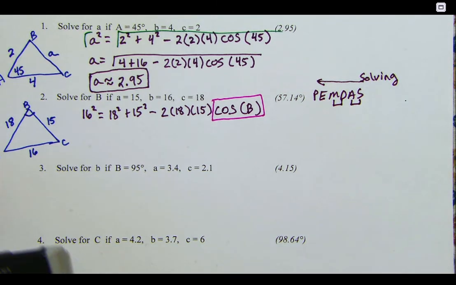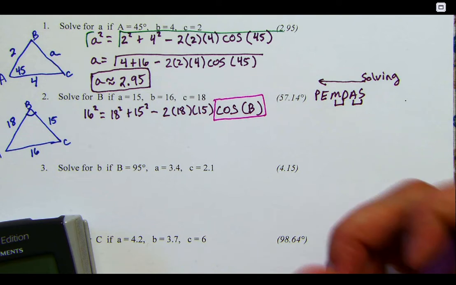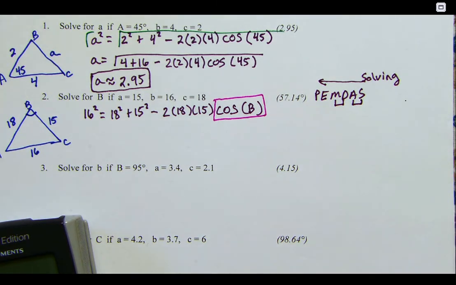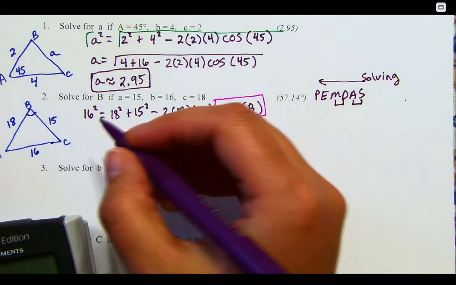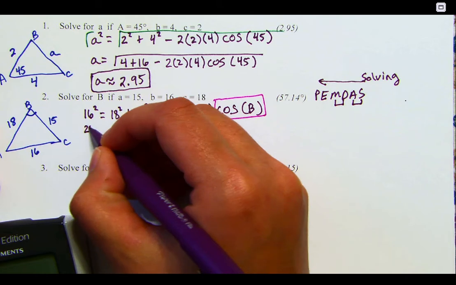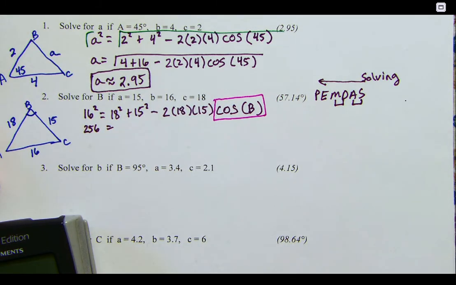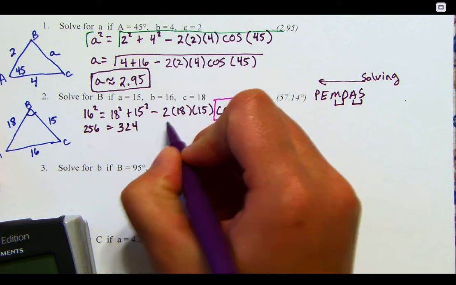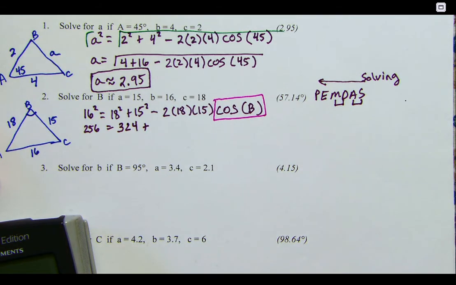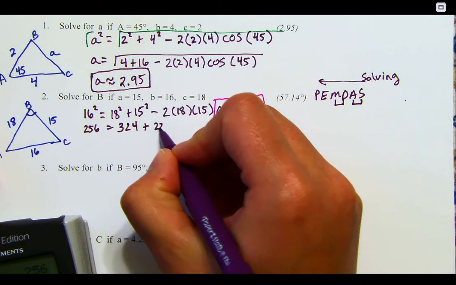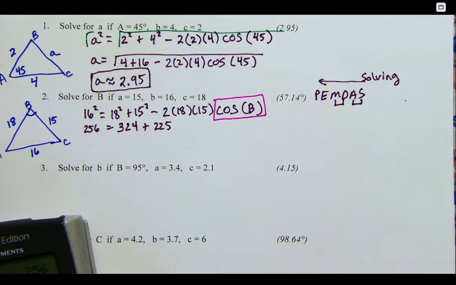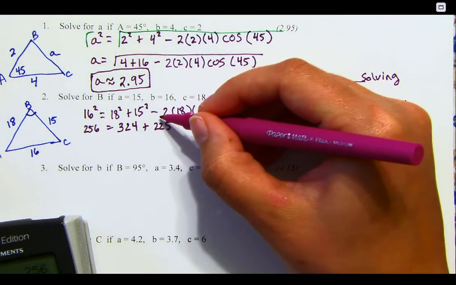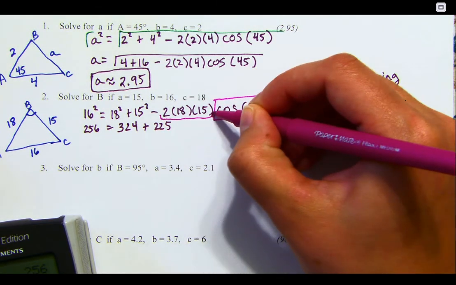To start with, let's simplify all of our exponents. 16 squared is 256, and 18 squared is 324, and 15 squared is 225. And then we can multiply these three numbers together.